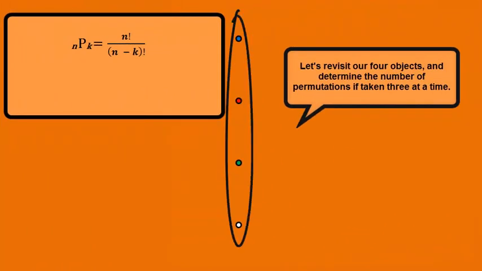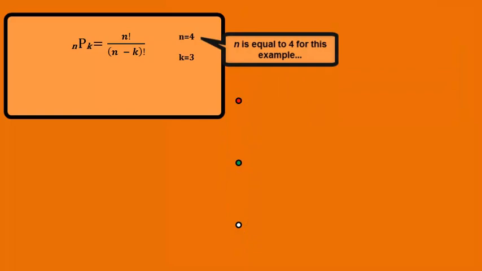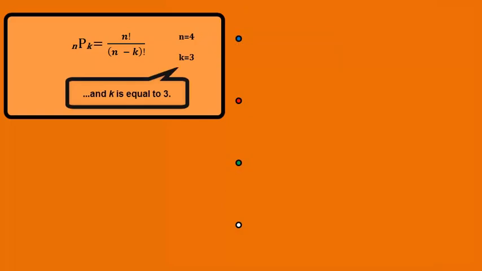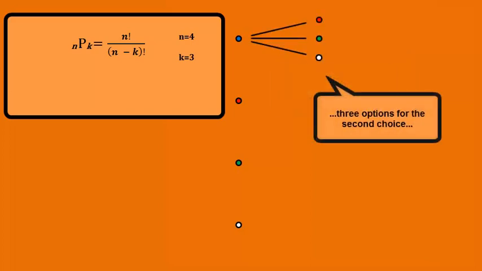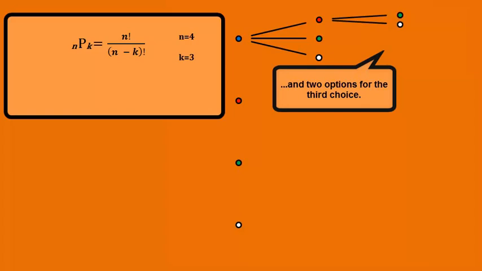Let's revisit our 4 objects and determine the number of permutations if taken 3 at a time. N is equal to 4 for this example, and k is equal to 3. We have 4 options for the first choice, 3 options for the second choice, and 2 options for the third choice.